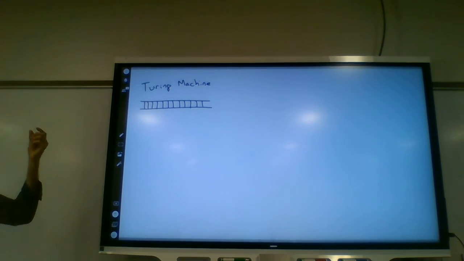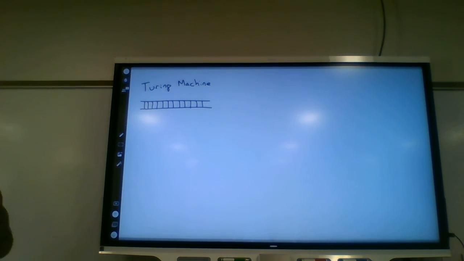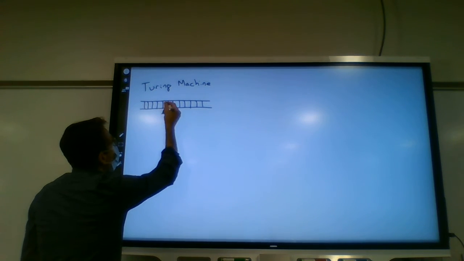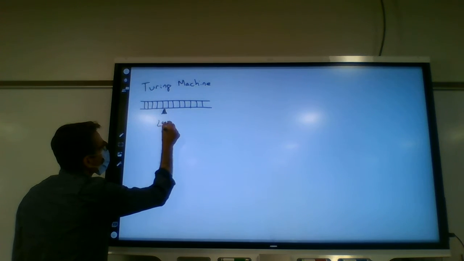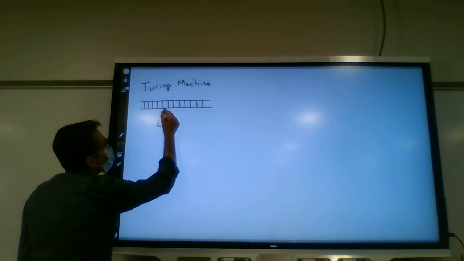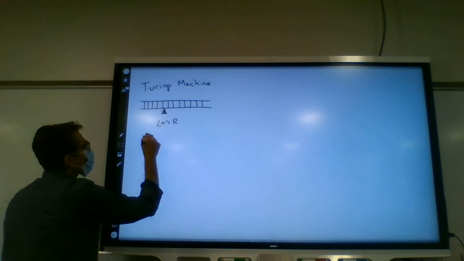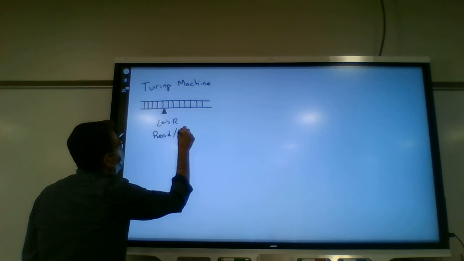And each cell on the tape can hold a single character. And then we have a reader or a tape head that can move left or right. It can read what's in the cell, and it can also write new things in the cell. So it can read or write.